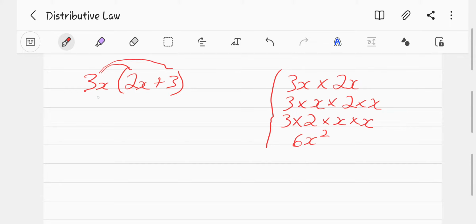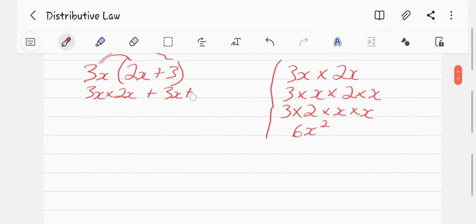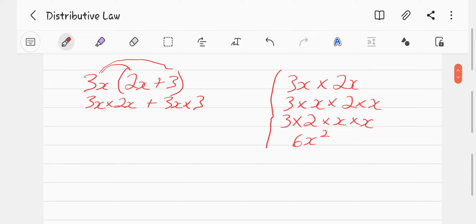So the answer we'd get here for distributing this bracket when we say 3x times 2x plus 3x times 3. What we would get here is, we already have our 3x times 2x. We've already worked out what that would be right here.